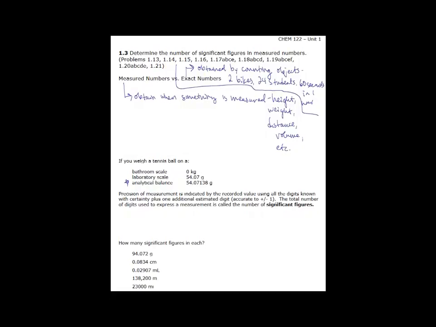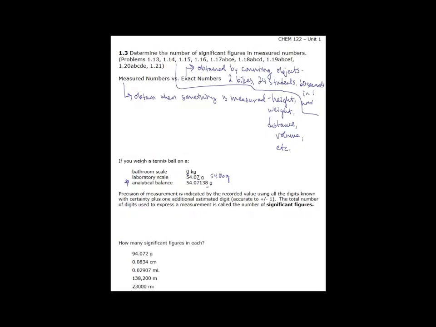With all of this measurement data for the tennis ball, the last digit is accurate to plus or minus 1. That last digit is an estimate. For instance, you could weigh this tennis ball another time on the laboratory scale and get 54.06 grams, and that's within error.